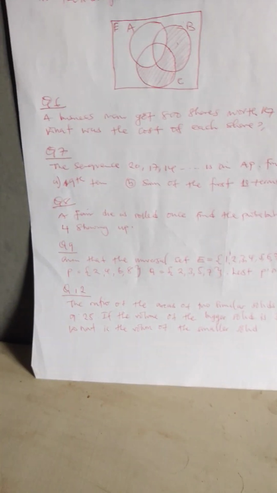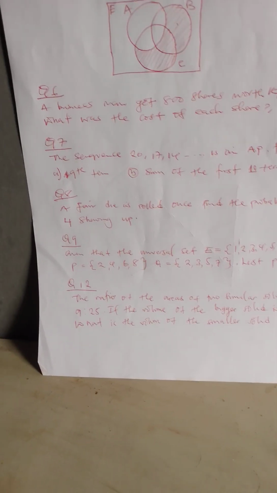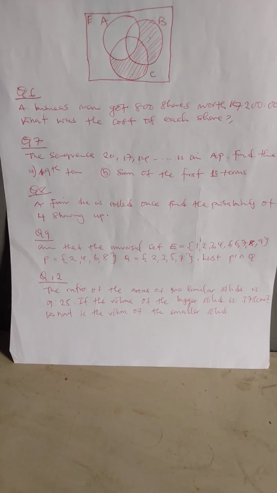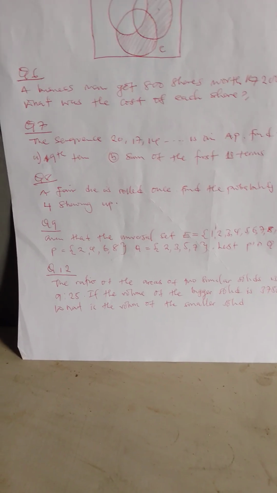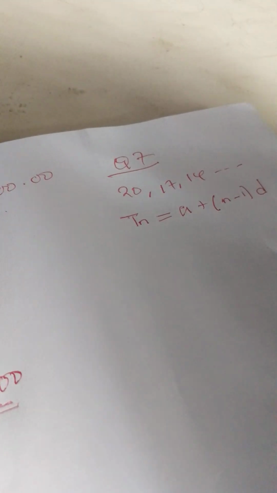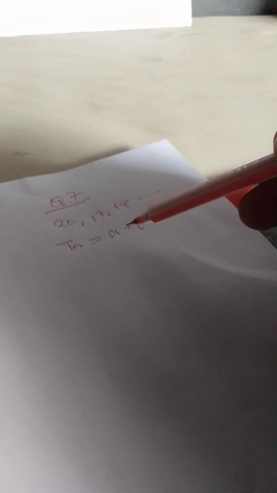Find the 9th term. So for a term, colleagues, what you need to know is the formula for the nth term of an AP: T subscript n is equals to A, the first term, plus open bracket n minus 1, then multiplied by D. Looking at the numbers that we have, A is the first term, and I have a 20 here.